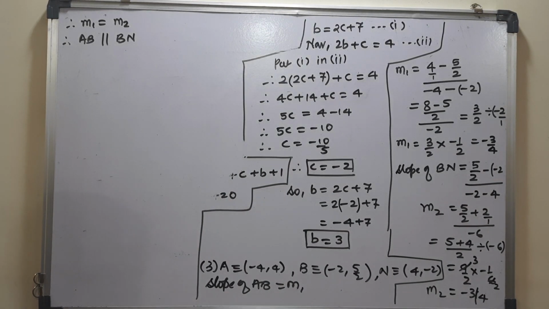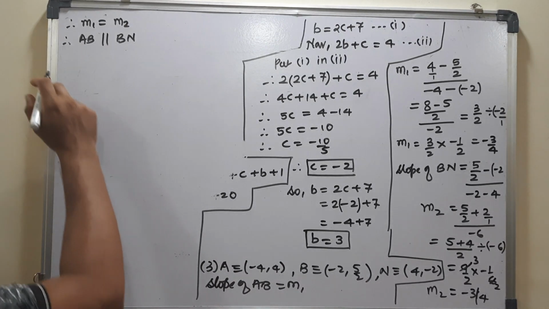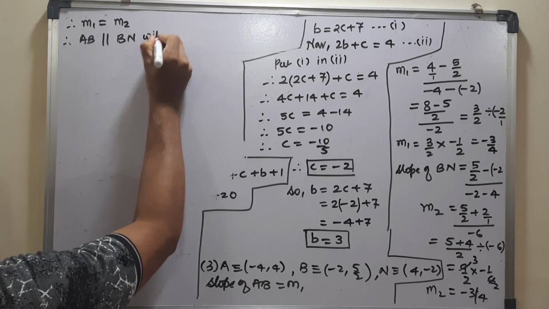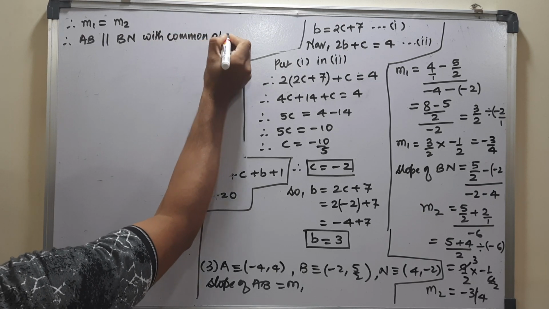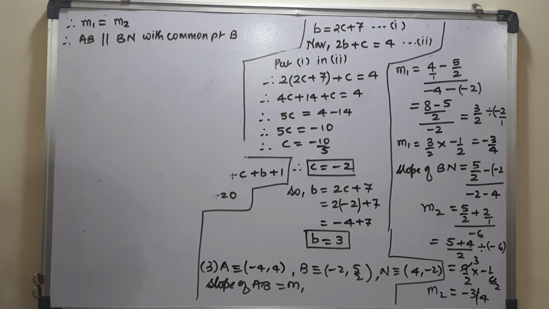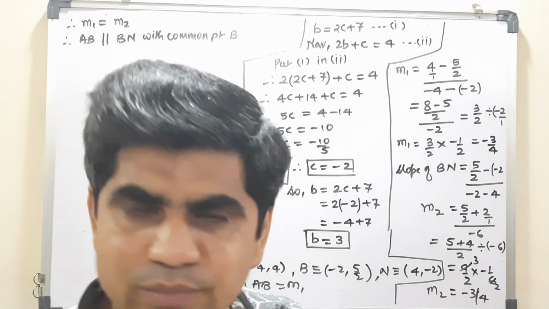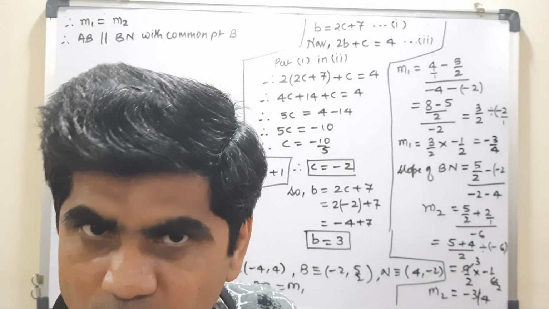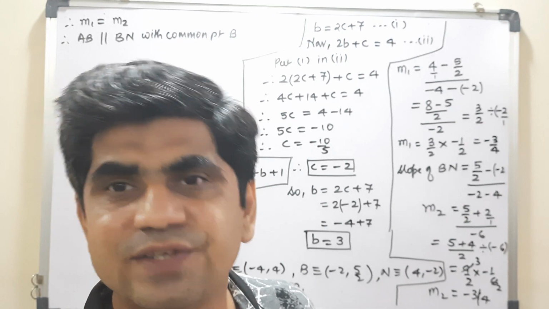But you can see here the point B is common. So AB is parallel to BN with common point B. And since the point is common, that means they have an intersection point, so they cannot be called parallel. And this can only come if they are in a straight line.